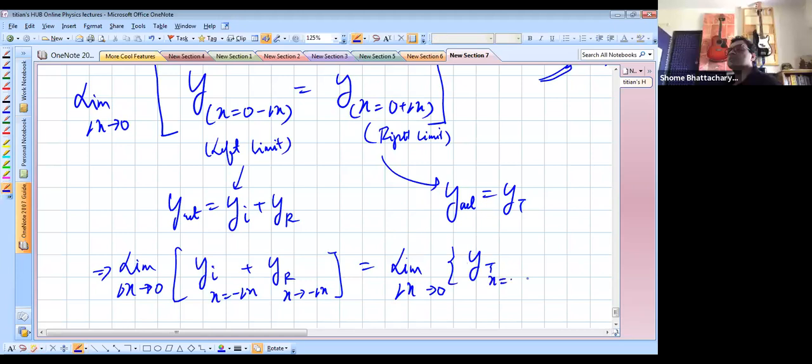It's a little bit tricky. My junction point is x equal to 0. So on its left hand side, what is happening?